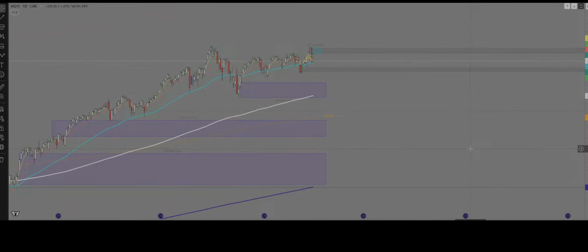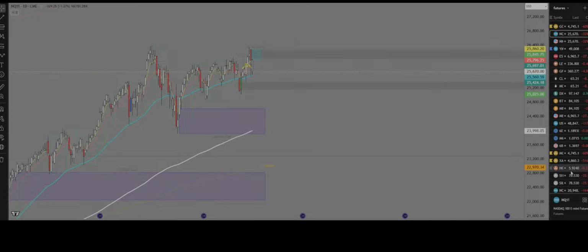Gold, silver, JP bonds, and snow flurries in Florida. Oh my gosh. Oh, hold on, right before I hop off.